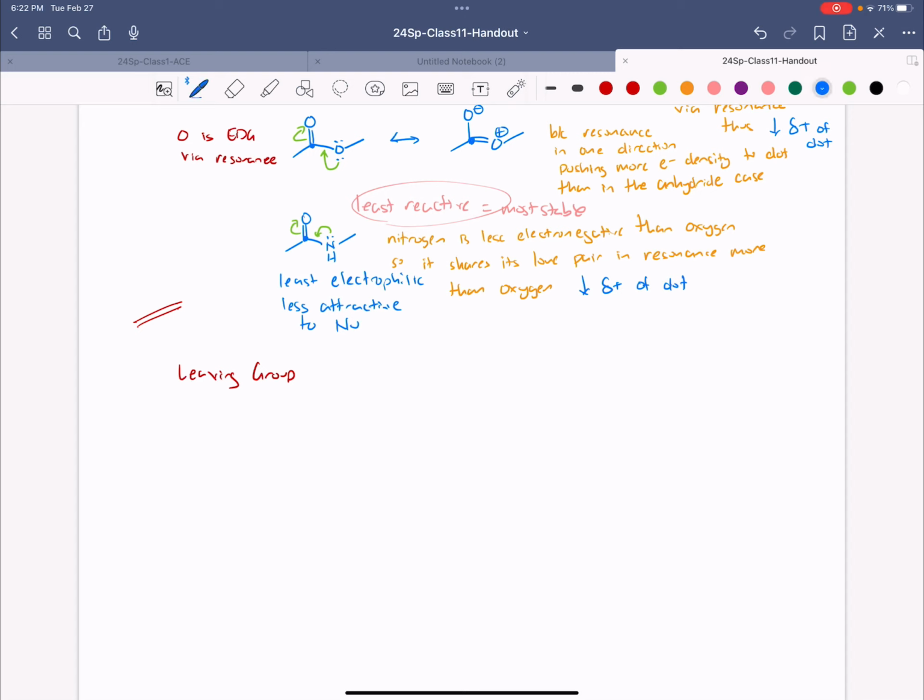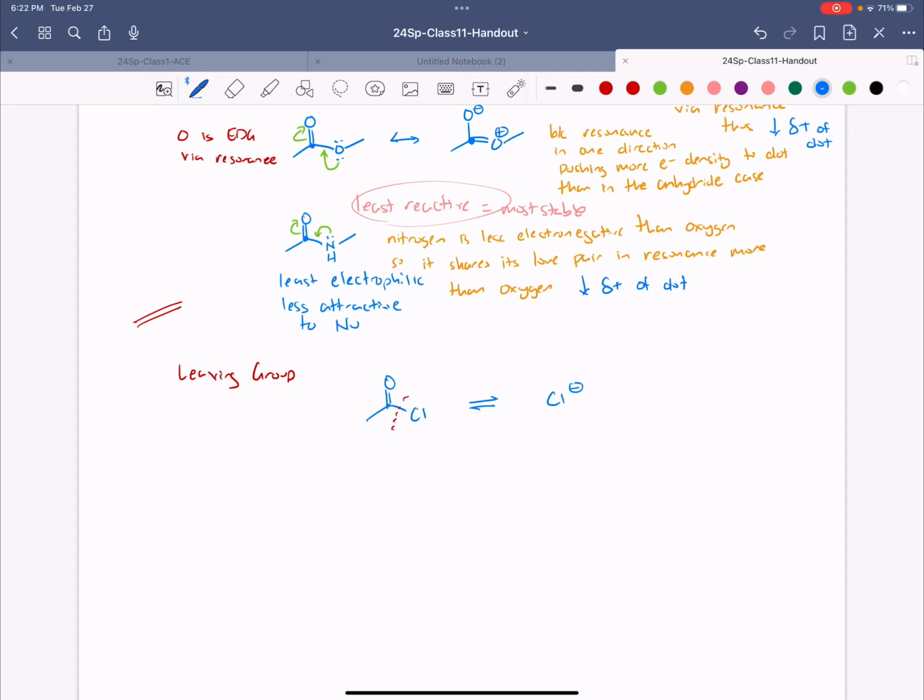For instance, if I have the acid chloride, my leaving group is the Cl. Again, I'm not drawing the mechanism, I'm just drawing a visual of what it looks like when the leaving group leaves. When it leaves, we kick out a Cl minus, essentially.